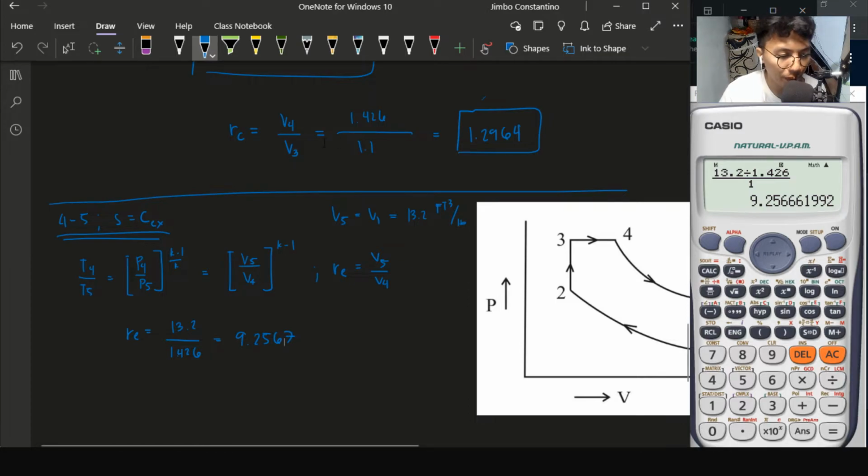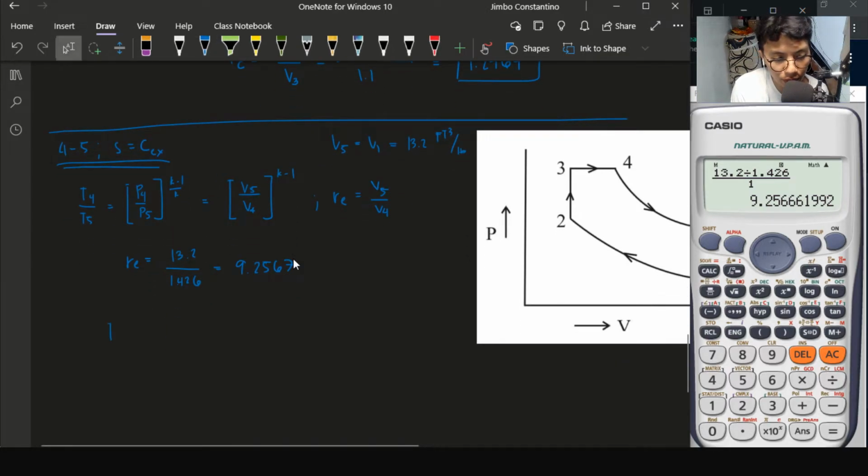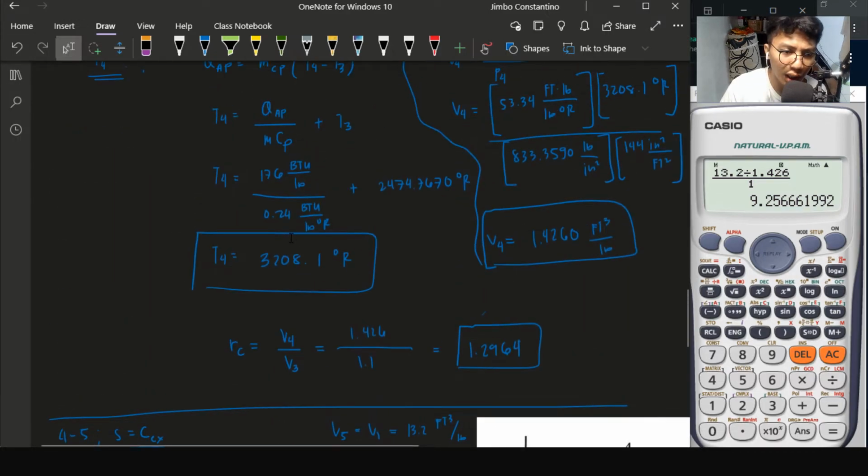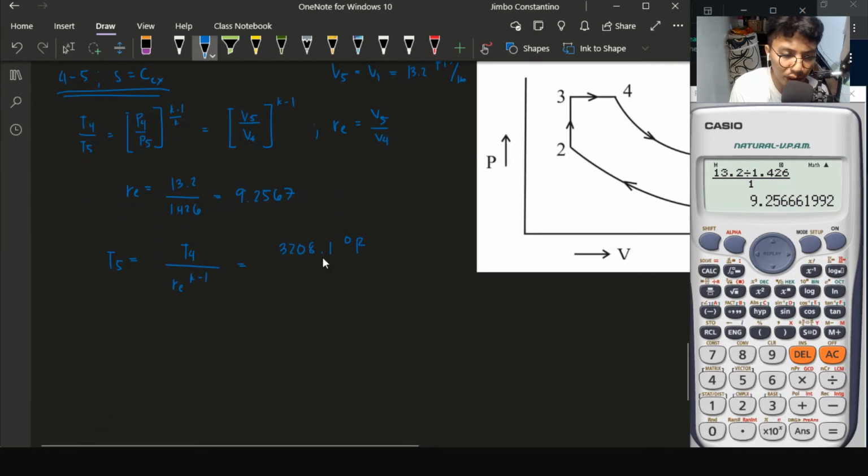Okay, that's it. Let's find T5. T5 is equal to T4 divided by RE raised to K minus 1. So, T4 is 3208.1 degrees Rankine. Did I remember that correctly? Yes, 3208.1. Divided by 9.2567 raised to 1.4 minus 1.